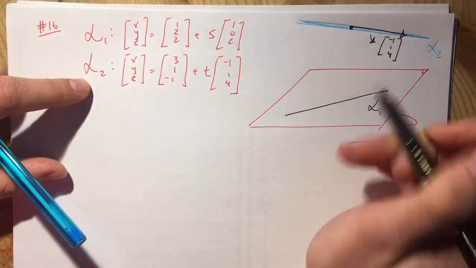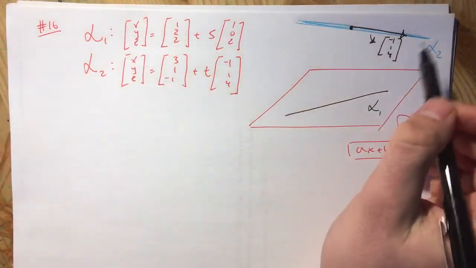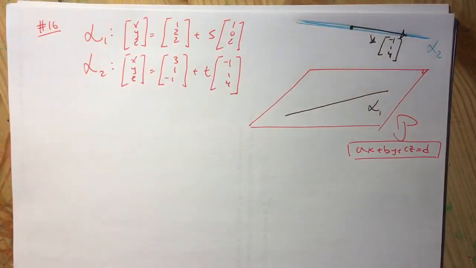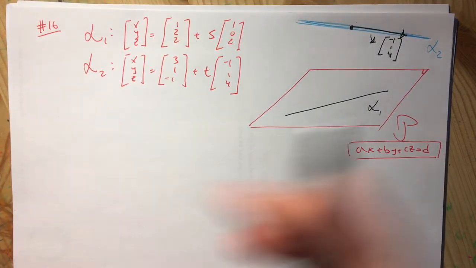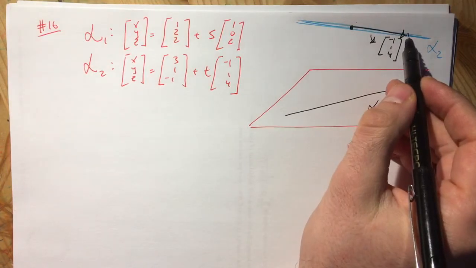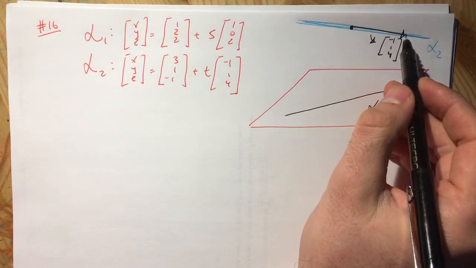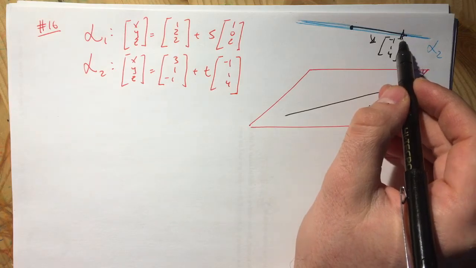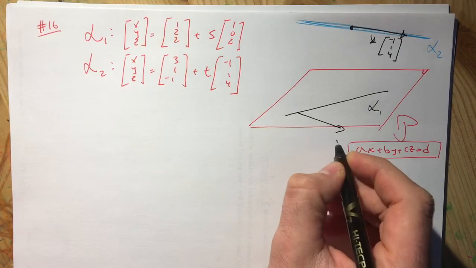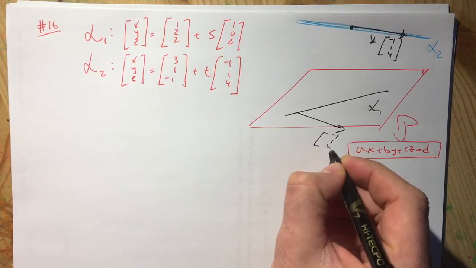This vector can be translated, can travel through the space, and the vector will be the same as long as the direction and the magnitude are the same. So basically I can take that vector and translate it here, put it on the plane, negative 1, 1, 4.